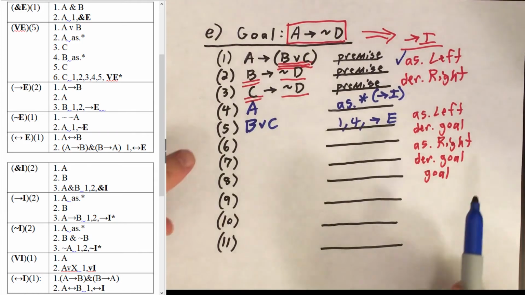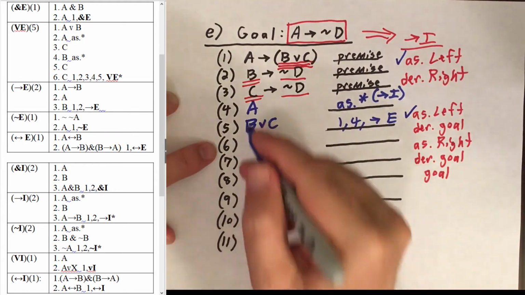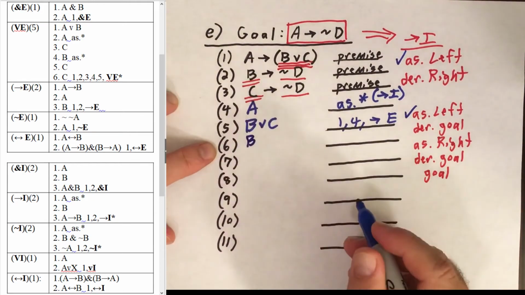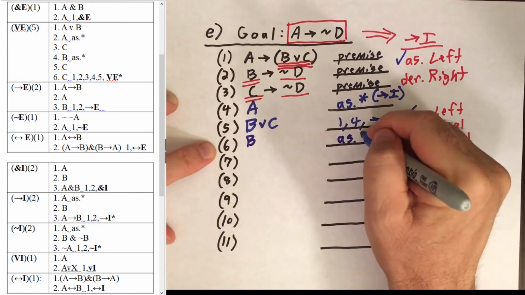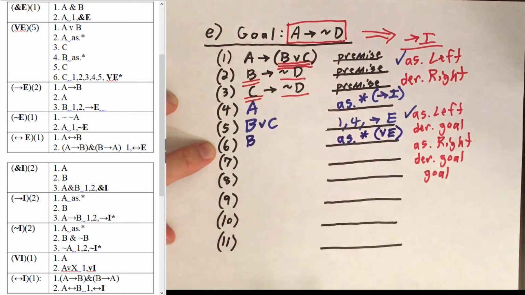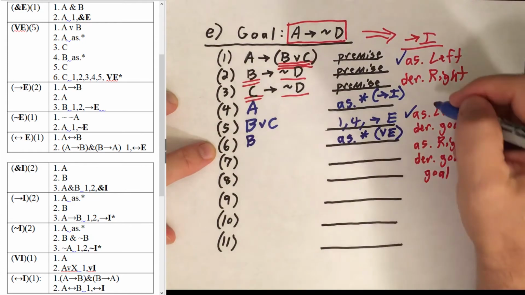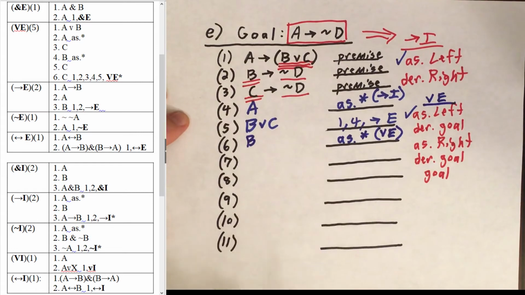So what do I do first? I assume the left side of the OR I'm taking apart. So I assume B. Why did I assume B? That's an assumption. I assume that because I am using this rule. Do you see it? This is me working on this OR elimination rule. I'm taking apart the OR in line 5.